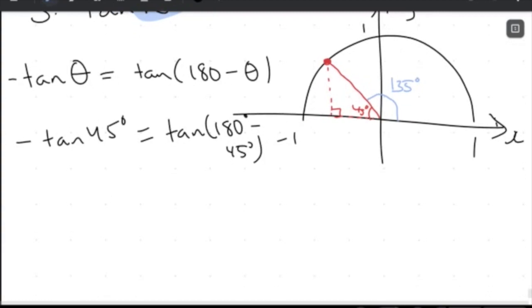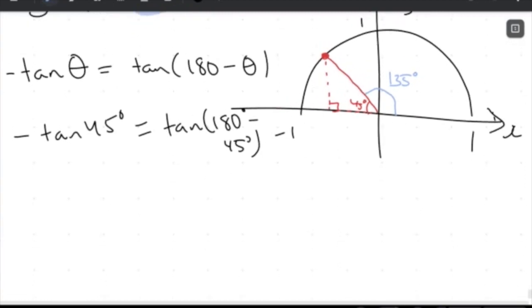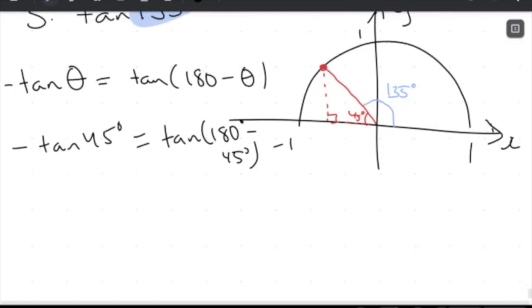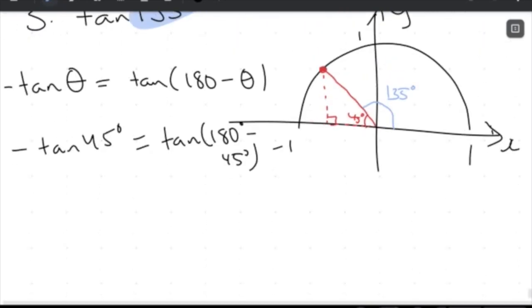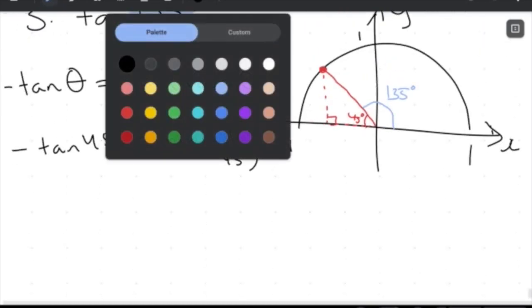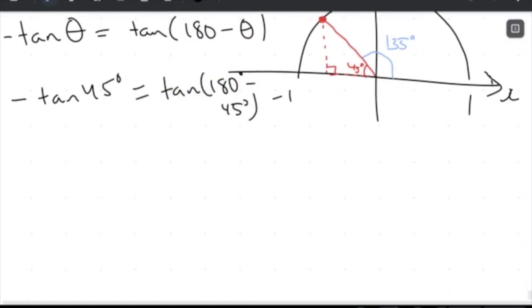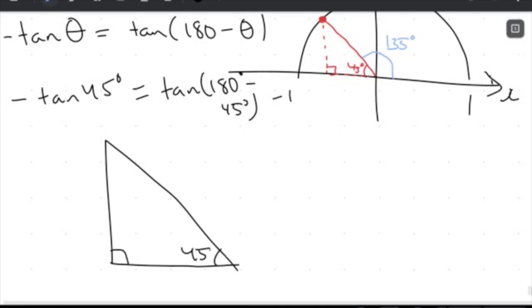Sorry, I know that's a little bit messy, but let's now draw my unit circle. Well, I've drawn my unit circle. Let's take this triangle out and draw it here. So I have my really nice isosceles triangle with 45 degrees and 45 degrees.